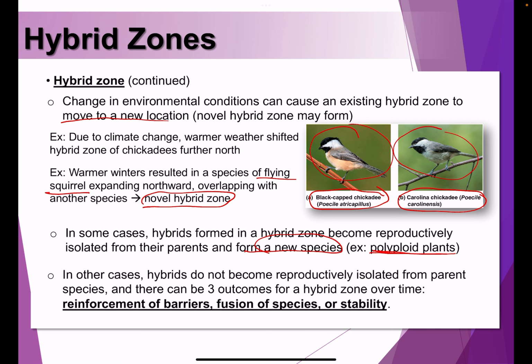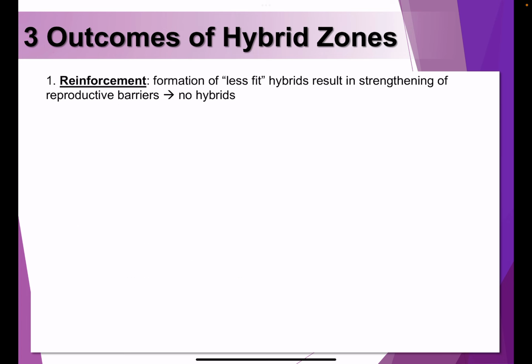Now, in other cases, hybrids do not become reproductively isolated from parent species. So there can actually be 3 different outcomes for hybrid zones over time. You can have reinforcement of barriers, fusion of species, or stability, depending on how likely it is for the hybrids to survive. We'll talk about these 3 outcomes more in the next 2 slides.